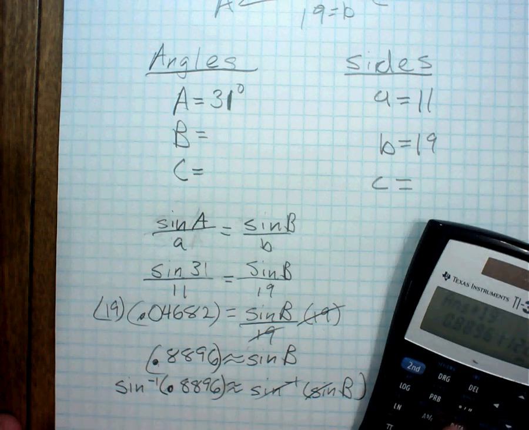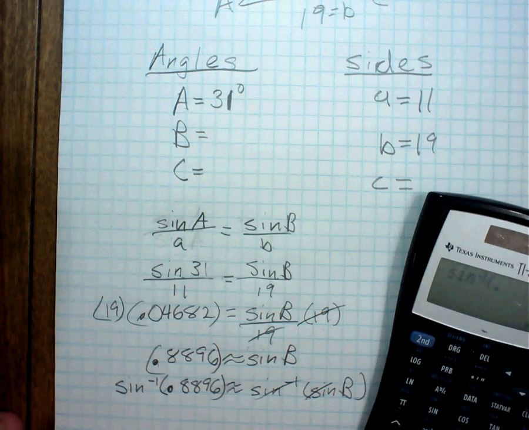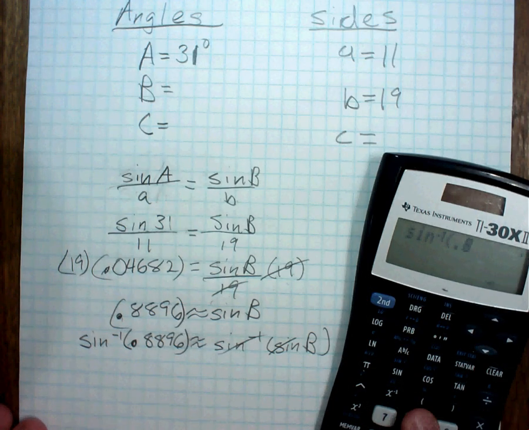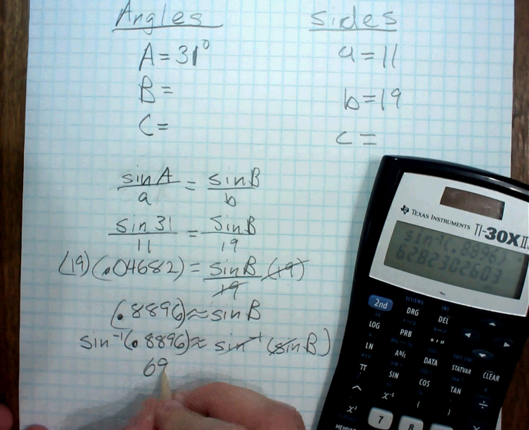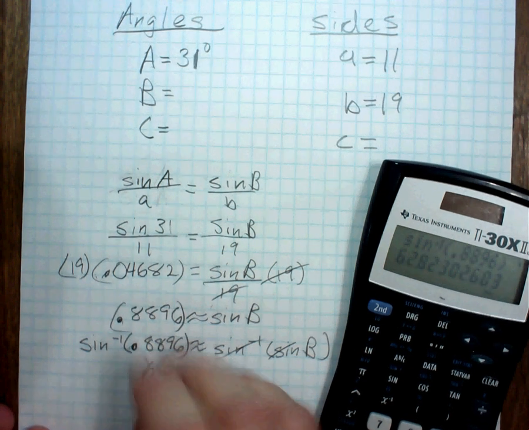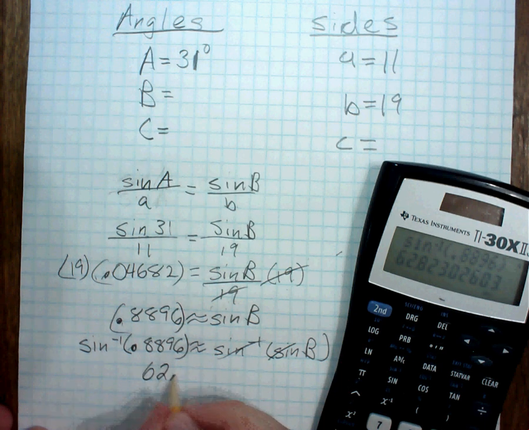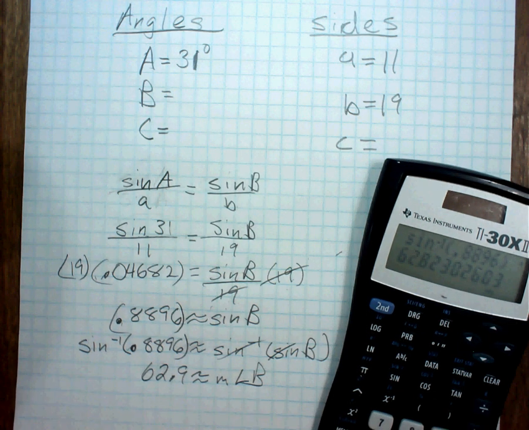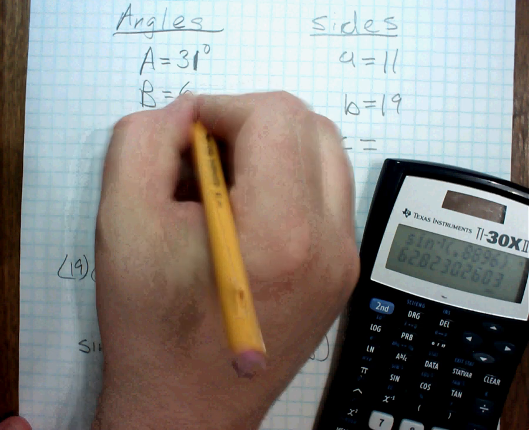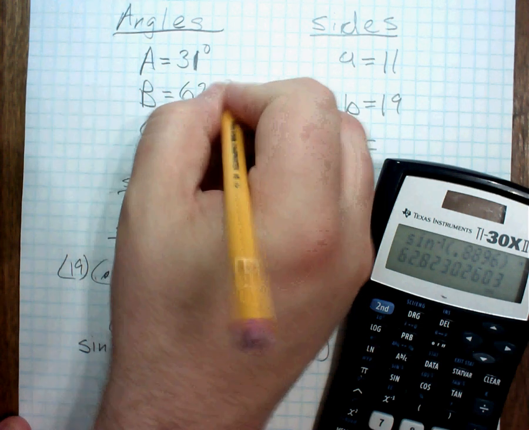So I'm going to say second sine 0.8896, close the parentheses, and I get 62.9. So that's the measure for angle B, 62.9, roughly.